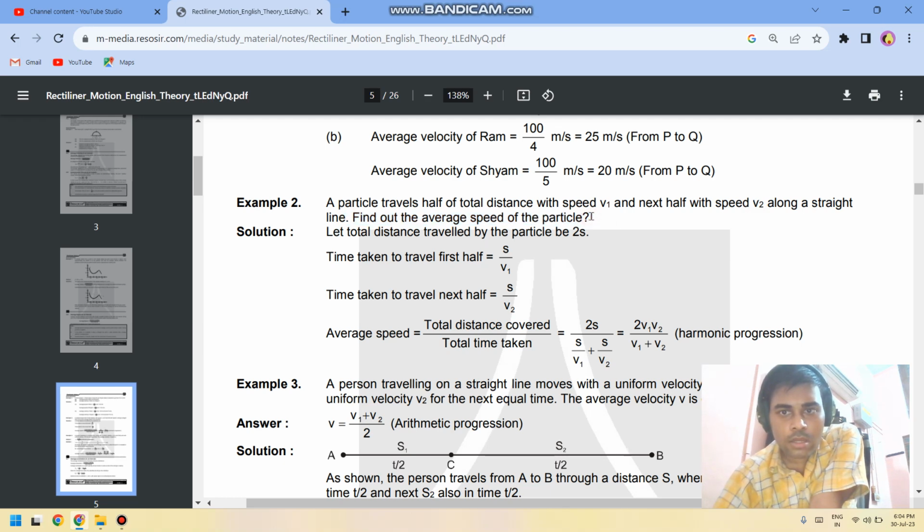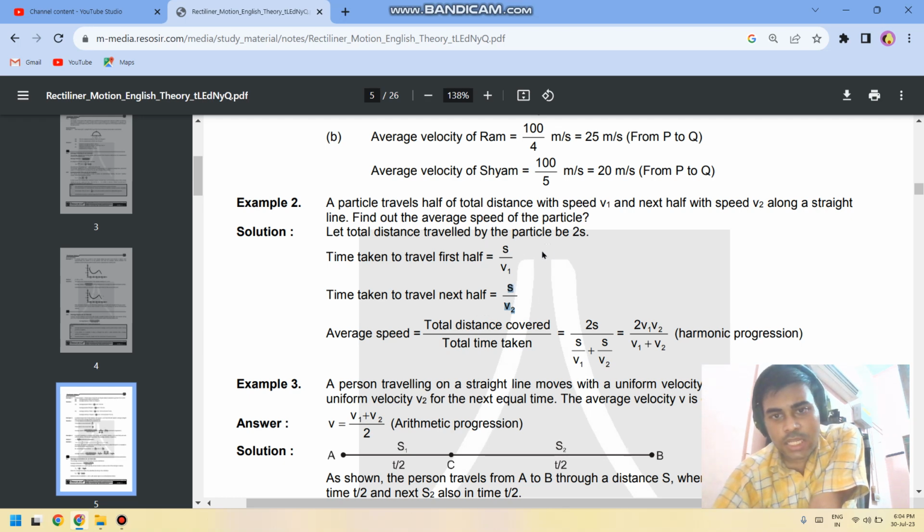Suppose the total distance traveled by the particle is 2s. Then the time taken for the first half will be s by v1, distance divided by velocity, and the second half will be s by v2.